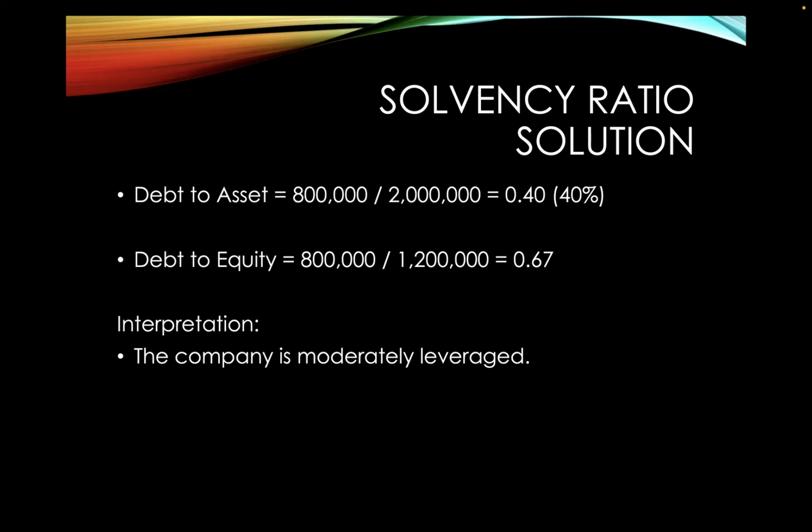This indicates manageable financial risk, where debt is used to fuel growth without incurring excessive debt servicing. Basically, class, this is telling us that this company has total debts that are lower than its total equity.